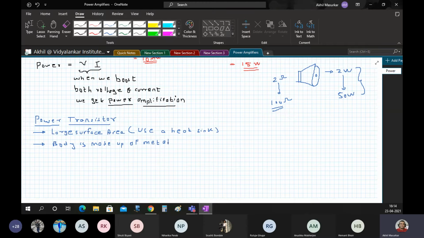The problem is that things are going to heat up and we cannot allow that. So how to transfer the heat from one place to another? Can anybody tell me the method by which heat travels from one place to another? Yes, I'm waiting for somebody to unmute.